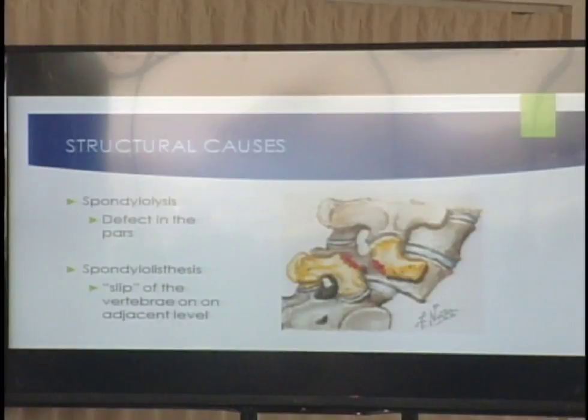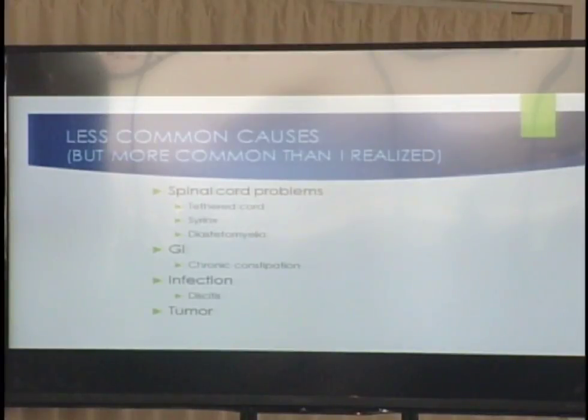But structural causes. There are some structural causes in kids. Spondylolysis, spondylolisthesis. I'll talk a little bit about those as we go along, but you can have little defects or stress fractures, say, in certain parts of the spine where they can even cause a deformity or a slip. And then some other less common causes, but I'll tell you more common than I first realized when I came out 8-9 years ago to start a real job, say, after training: spinal cord problems, tethered cord, syrinx, diastematomyelia, GI problems, chronic constipation.